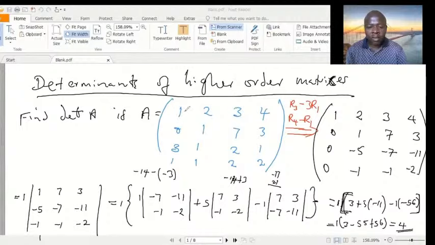You just take this one, multiply by the determinant that is left when you delete the row of 1 and the column of 1, and this is that matrix, and then minus 0, multiply by the determinant that is left when you delete the row of 0 and the column of 0, and then plus negative 3, multiply by the determinant that is left when you delete the row of 3 and the column of 3.